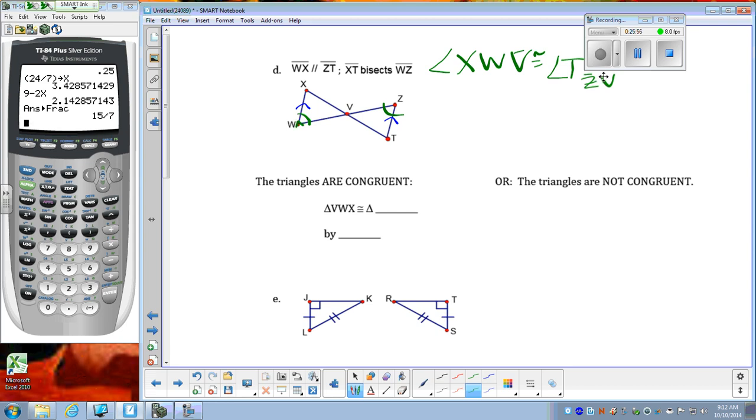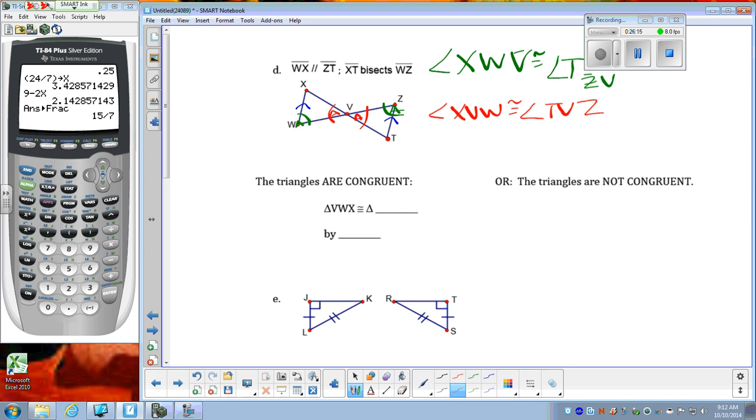So that's an angle, and an angle. Using some vertical angles, I know that angle XVW is congruent to angle TVZ. So that's another angle.